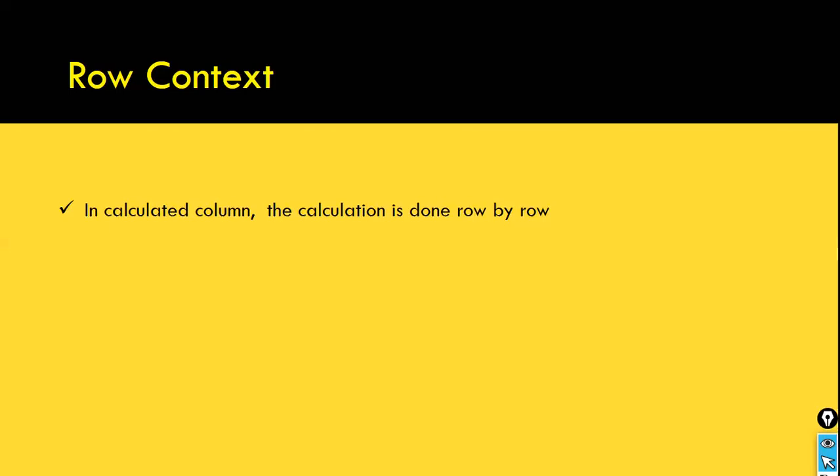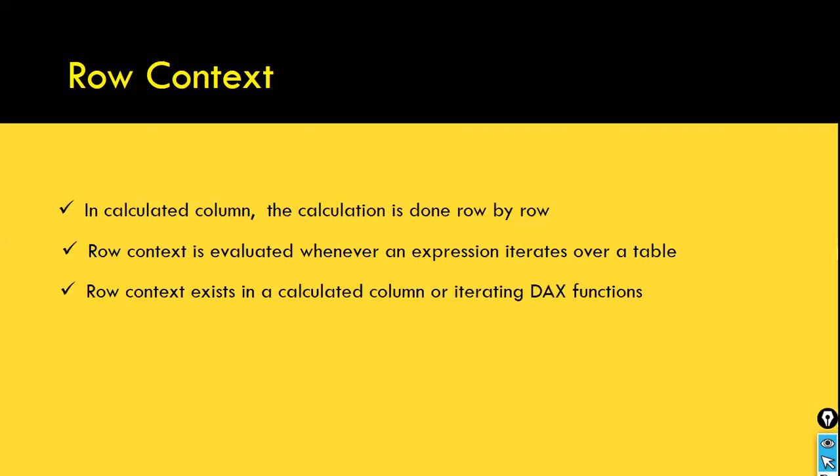For example, to calculate the sales amount, the quantity should be multiplied by the list price in a new calculated column. If I have a table with 10,000 rows, that expression, list price times quantity, will be evaluated 10,000 times, once for every row in the table, each with a different row context. If you remember this, that is more than sufficient.